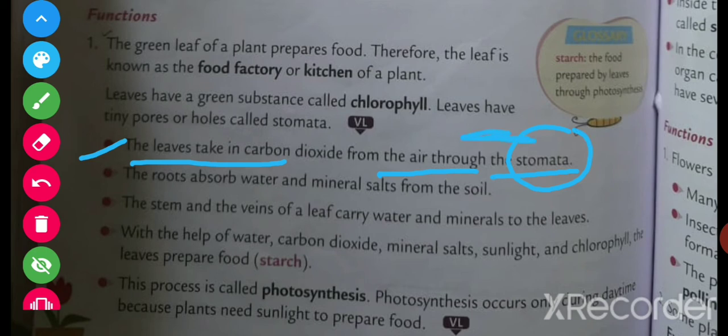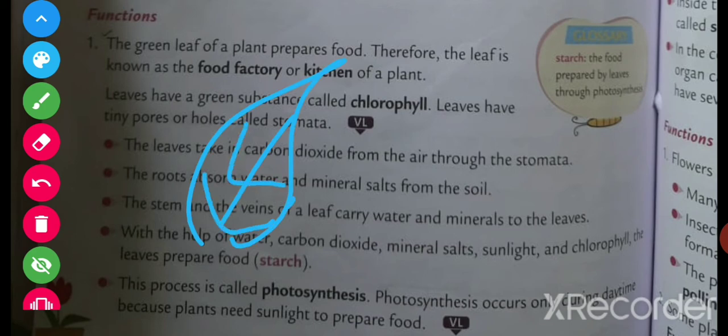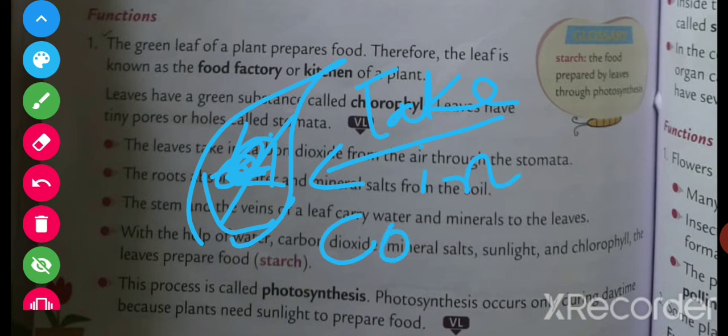It's a leaf. This has stomata. With the help of this, leaves take in CO2, carbon dioxide from the air.